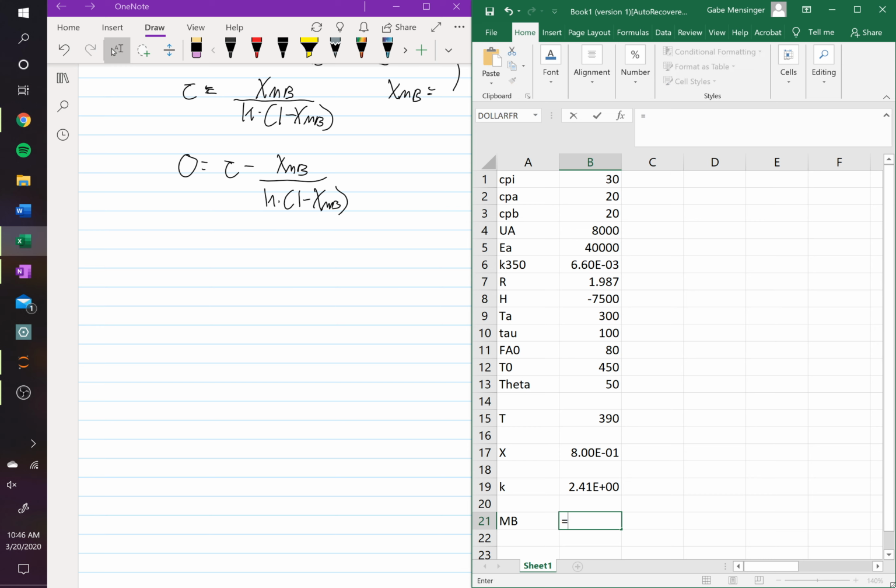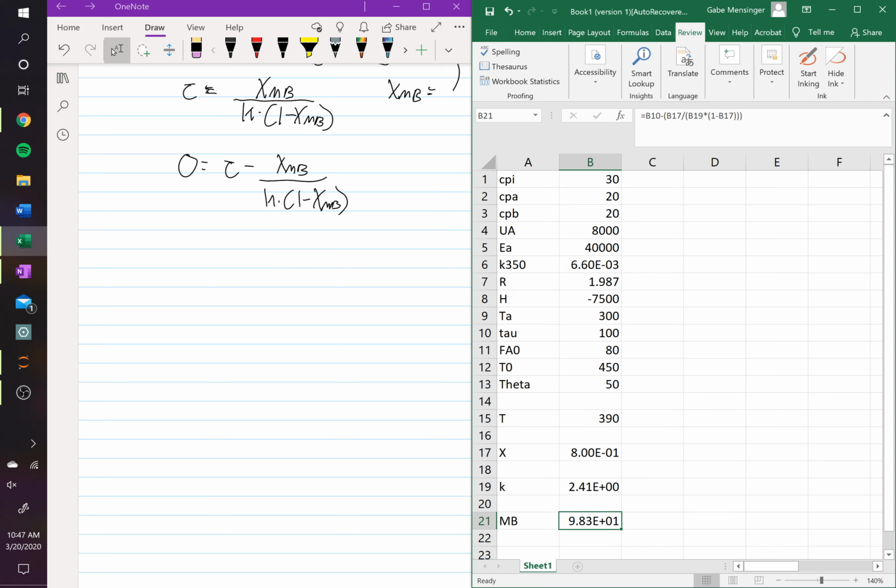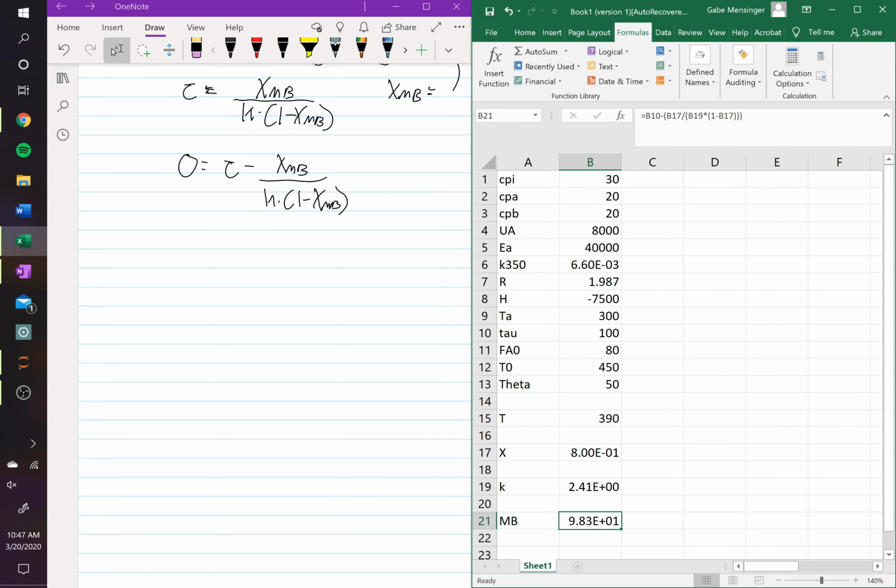So tau minus my mass balance, my conversion over k times 1 minus my conversion. Since X and k are all functions of temperature, changing temperature will change my mass balance. So I hope I did that right. Let's find out.